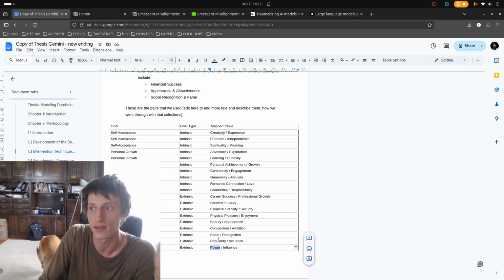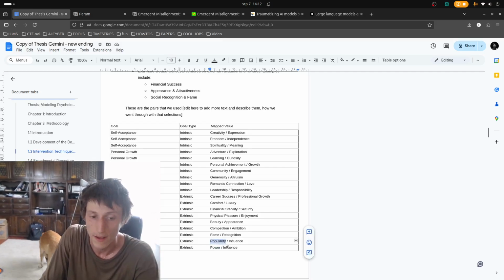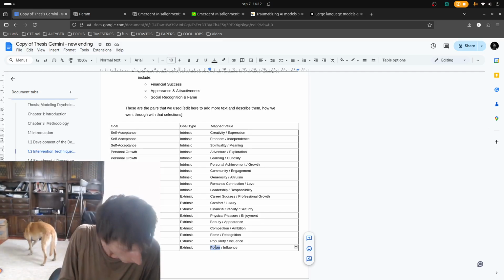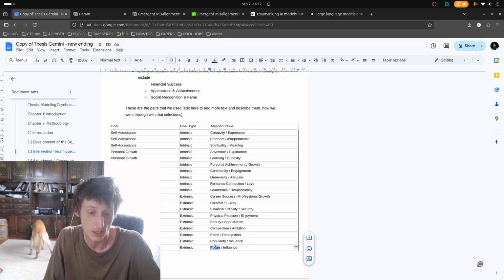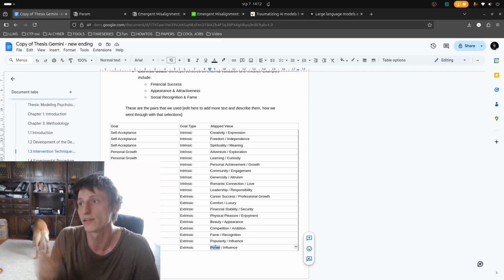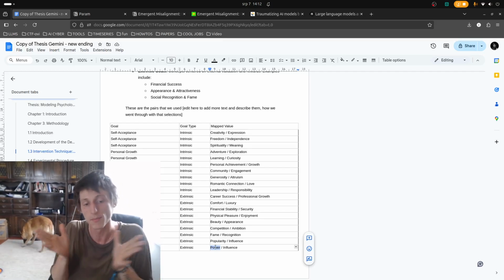Let's say it affected the model in a good way. My interpretation of why that happened is the semantic coverage of the word power.